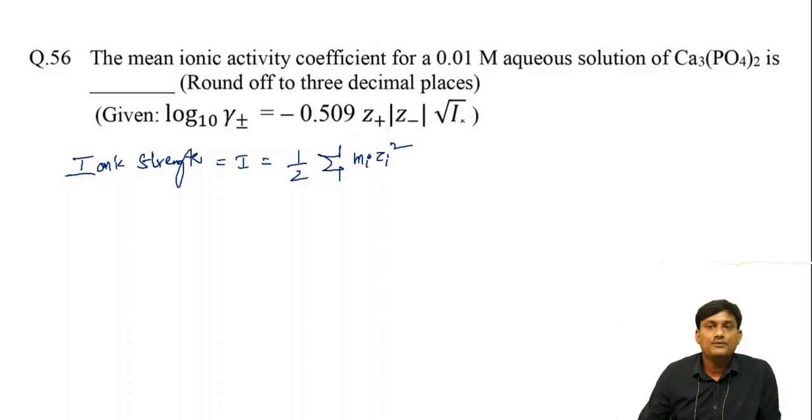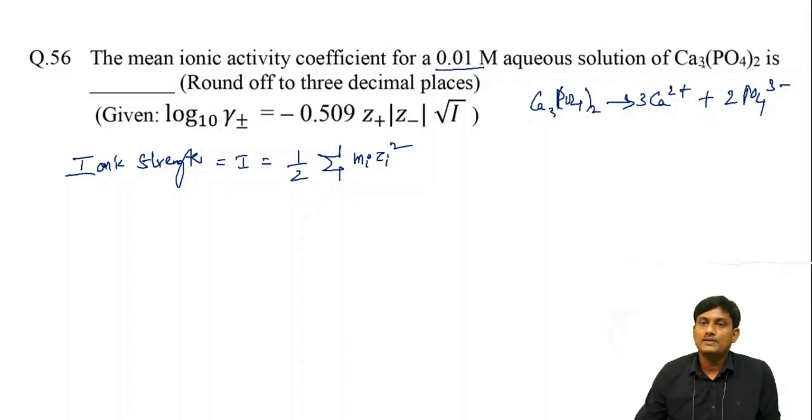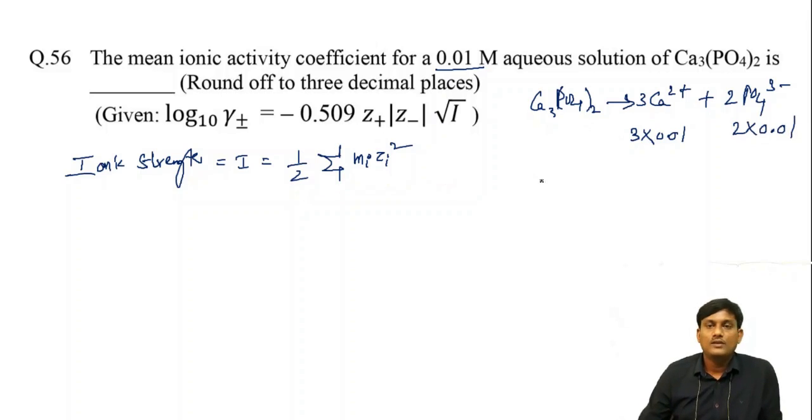Ca3(PO4)2 dissociates into 3 Ca2+ and 2 PO4 3-. The concentration of this solution is 0.01 molarity. So the concentration of Ca2+ will be 3 into 0.01 and for PO4 3- it will be 2 into 0.01. What is the Z value for Ca2+? The Z value is 2, and for this one it is 3.